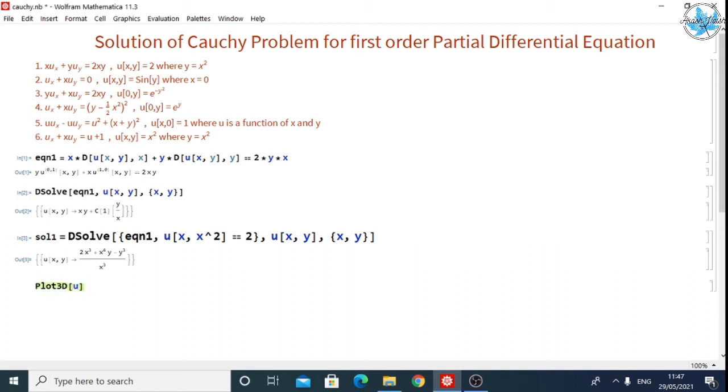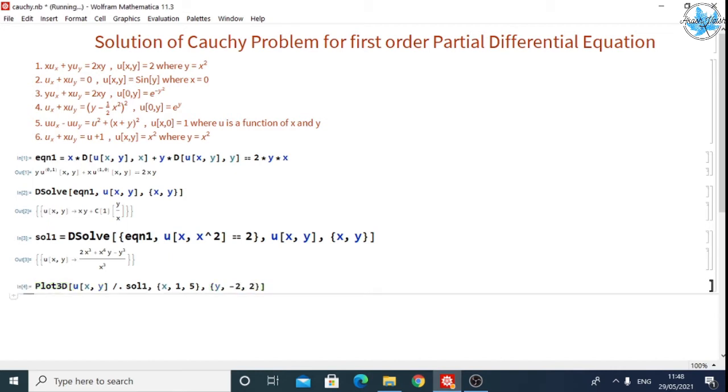Here I will write u of x comma y, then slash dot solve1, then I write the domain: x varies from -1, so let's take 1 to 5, you can also take -1, and my y domain, let's take -2 to 2.